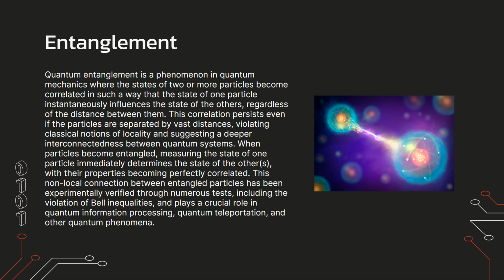When particles become entangled, measuring the state of one particle immediately determines the state of the others, with their properties becoming perfectly correlated. This non-local connection between entangled particles has been experimentally verified through numerous tests, including the violation of Bell inequalities, and plays a crucial role in quantum information processing, quantum teleportation, and other quantum phenomena.